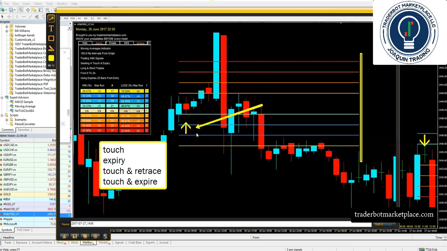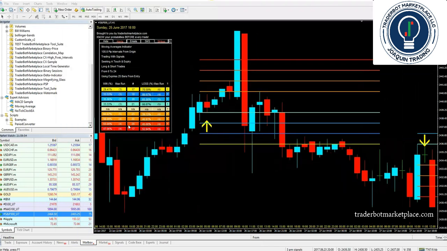So if price dropped down to here, it would touch this and then close above this area. It's for ATM trades. For touch and expire, it shows how often price touches one of these levels and then closes above the ATM. So a touch and expire means it closes above the ATM. How often does it do that?